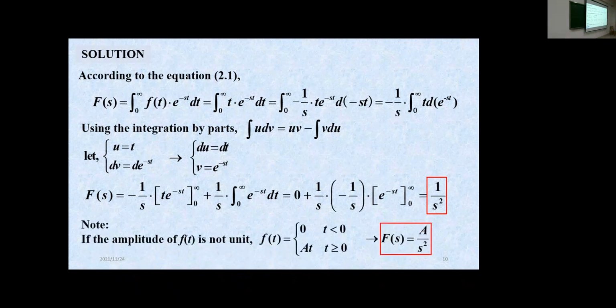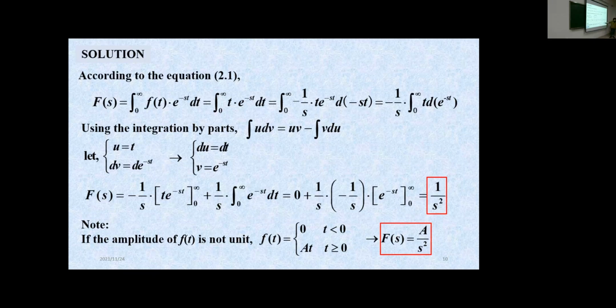How about if it is not a unit? How about if the magnitude of f(t) is not 1? So we may get a coefficient, maybe a times t, where a is a coefficient. A is a constant. Then F(s) will change into what?